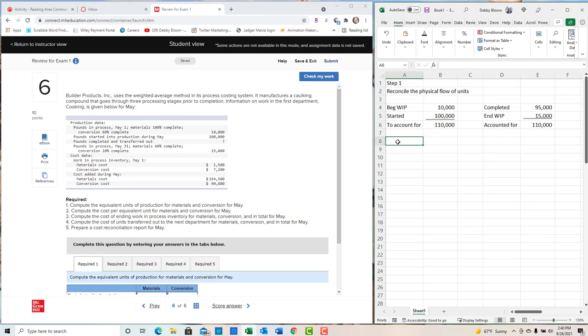Step 2, cost to account for. We want to account for our materials cost and our conversion cost.